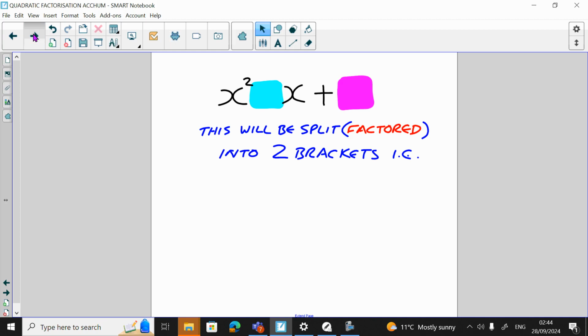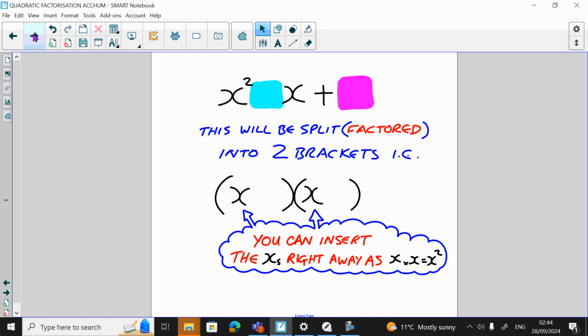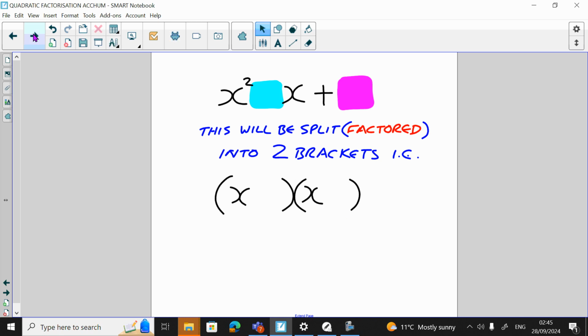Because we start with x squared, initially what we can do is just put in x times x to give you x squared. That's fine.